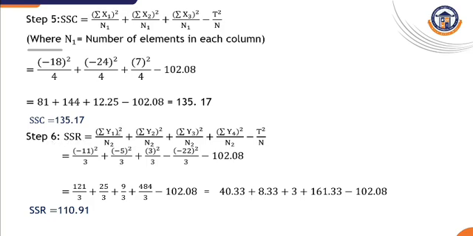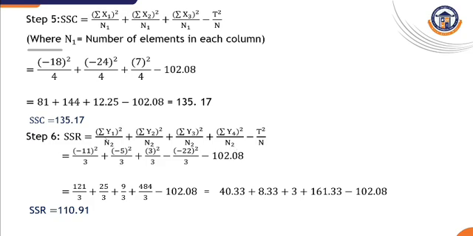Now step number 6, the sum of squares between rows. The formula is summation of y1 square divided by n2, plus summation of y2 on whole square divided by n2, plus summation of y3 on whole square divided by n2, plus, for the fourth row, summation of y4 on whole square divided by n2, minus the correction factor.